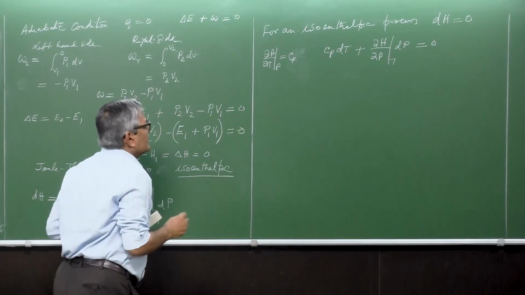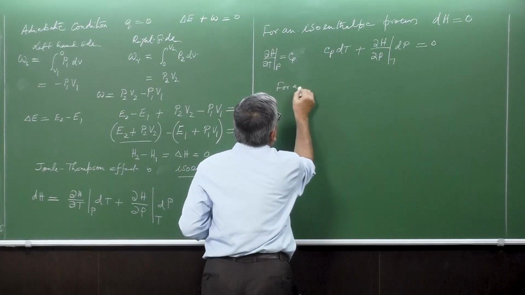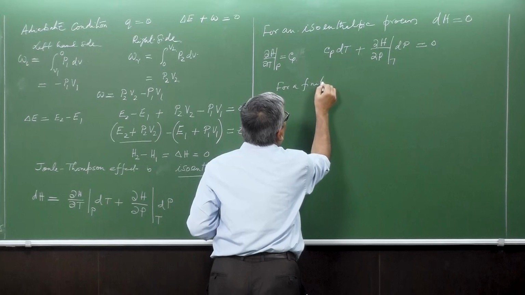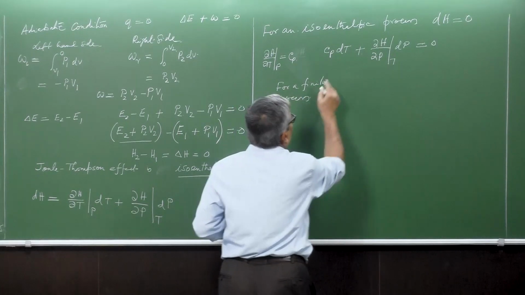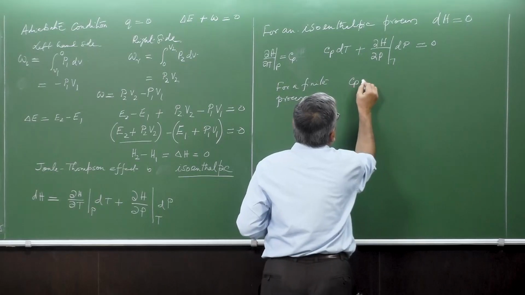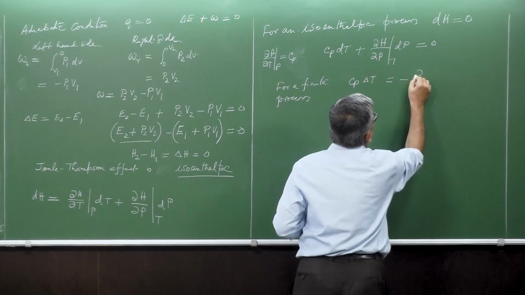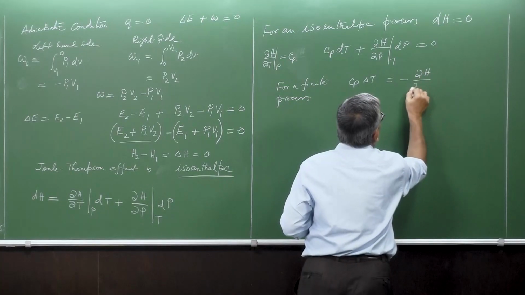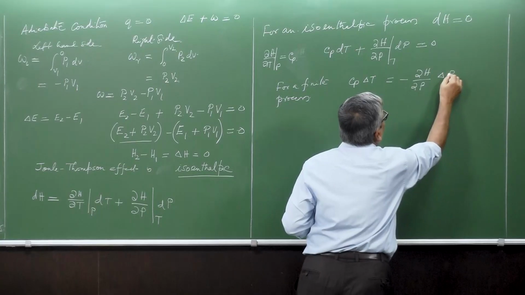Now you can see, for a finite process, I can write Cp delta T equal to minus del H del P times delta P.